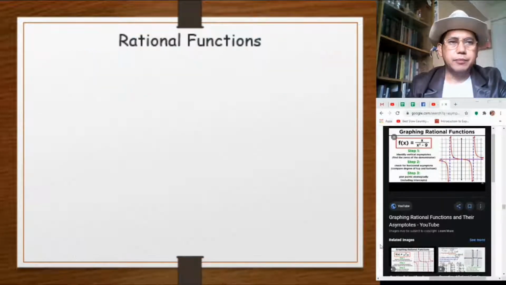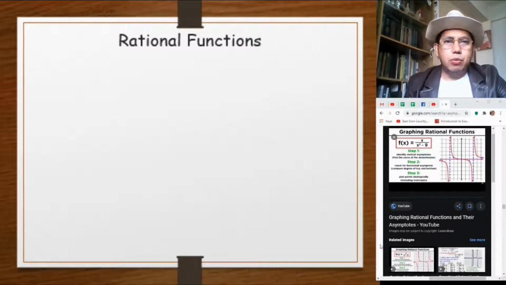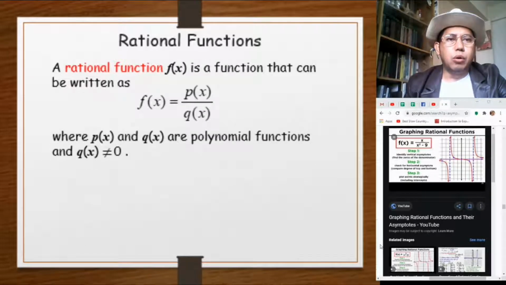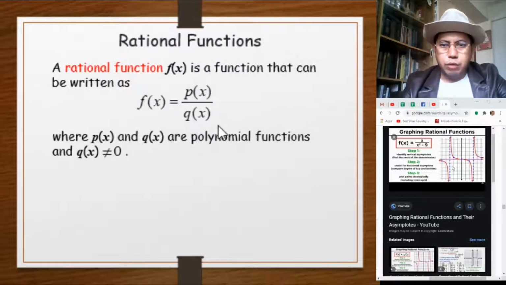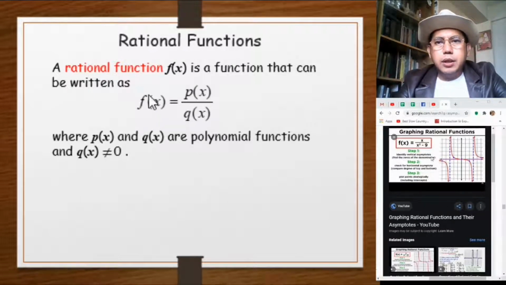Let's start. Rational function. Before we discuss the asymptote, we need to recall the form of the rational function. So what would be the form of the rational function? There, f of x is equated to p of x over q of x, wherein p of x and q of x are polynomials.